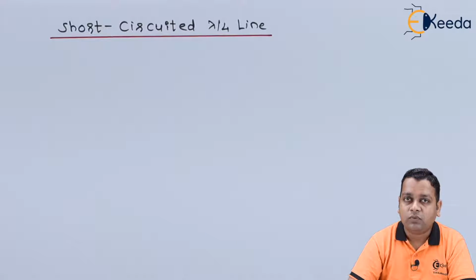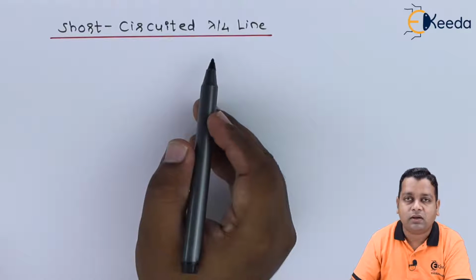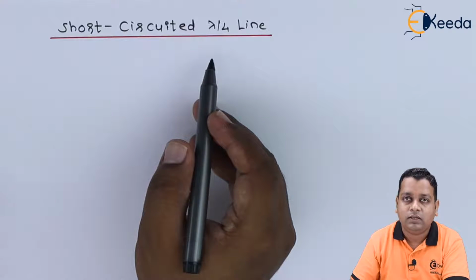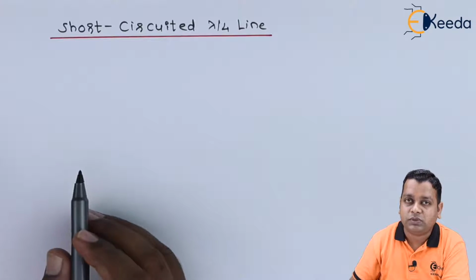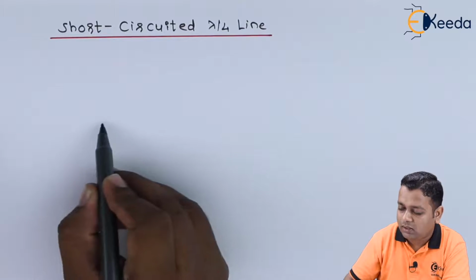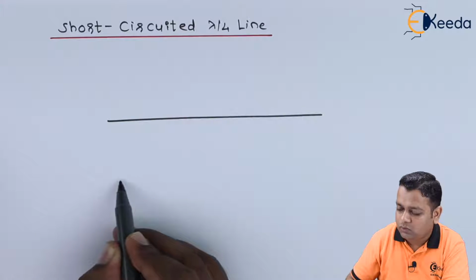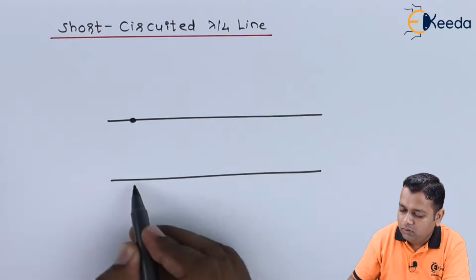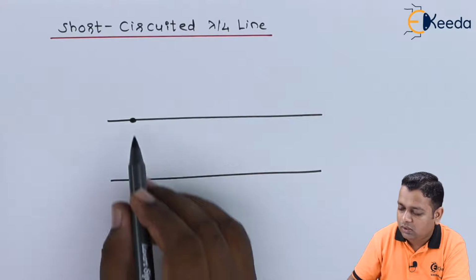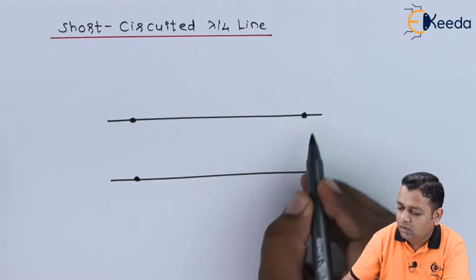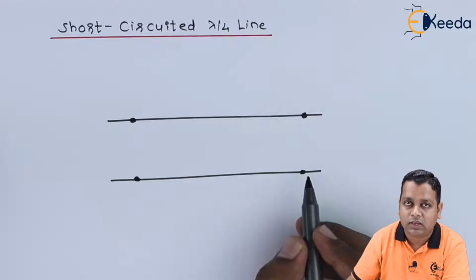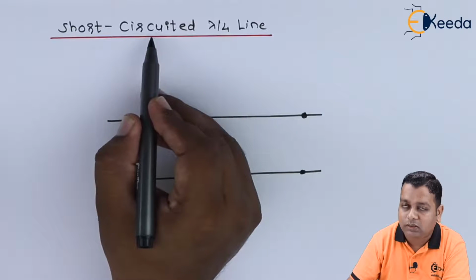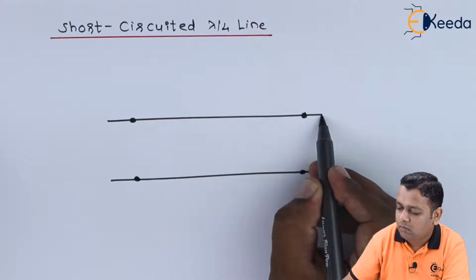So here we start with our topic, short circuited lambda by 4 line. As we have the transmission line section, in general I can show these are the two lines. Let us see from this node to this node a pair here. We extend up to these 2 points where, as per the title, we have short circuiting made.